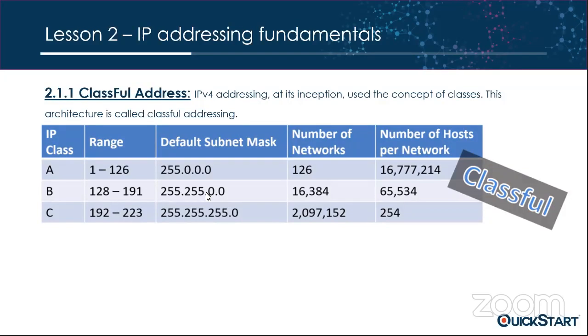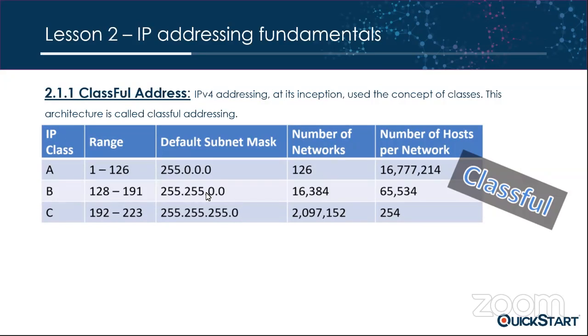It depends on whether you want a number of networks or a number of hosts. If you want more hosts, then you have to have A. If you want B, then the network number increases and the host number decreases.